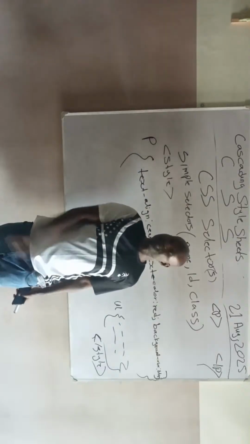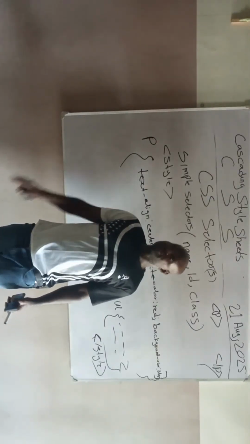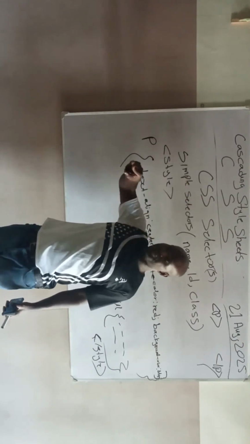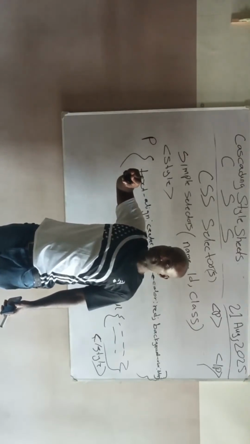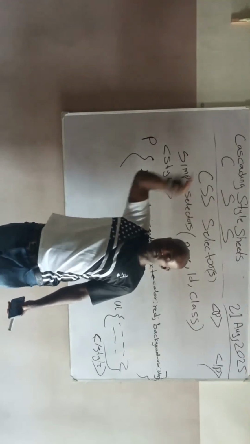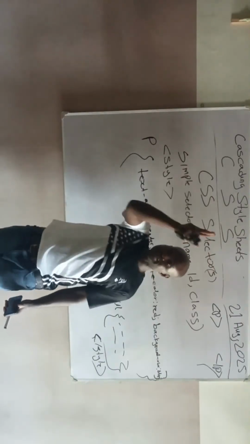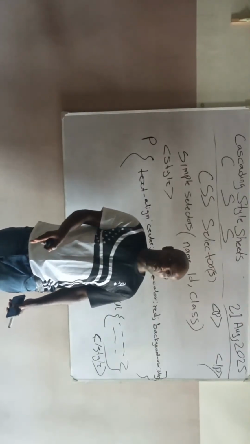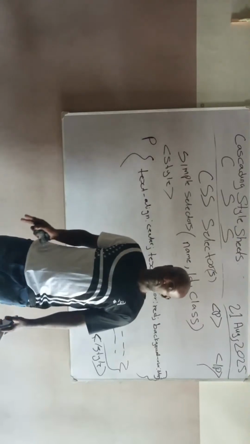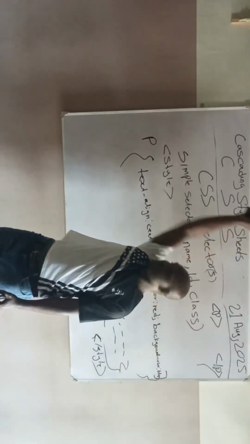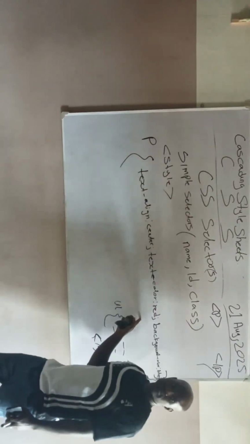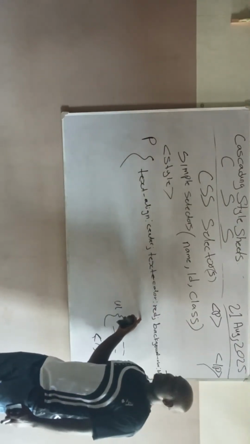If I have P, the elements will be 3. This is 1, this is 2, this is 3. There are 3 elements getting the same word, name, and the name is what? P. So any element named P must obey this declaration. No exemption.